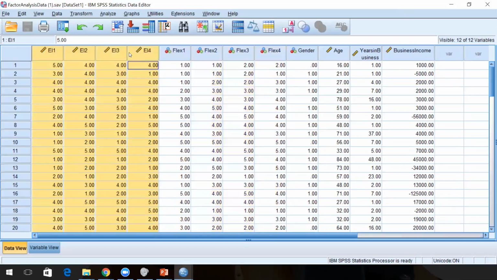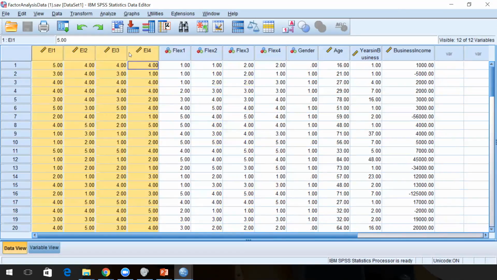The first one's entrepreneurial intensity, and we talked about that's something that's an attitude that's measured commonly with a multi-item or multi-question measure. I talked about the four questions that were used. If you're curious what those are, you can look at my example project that spells those out.